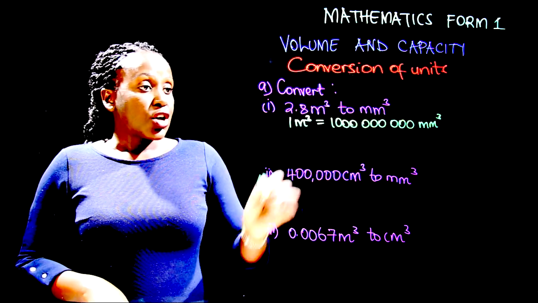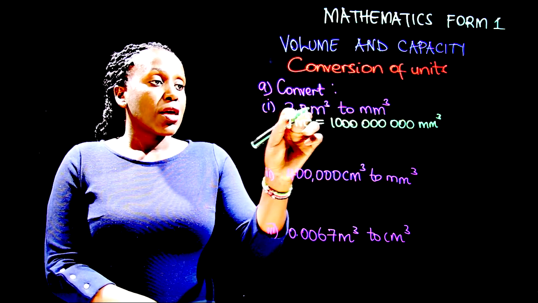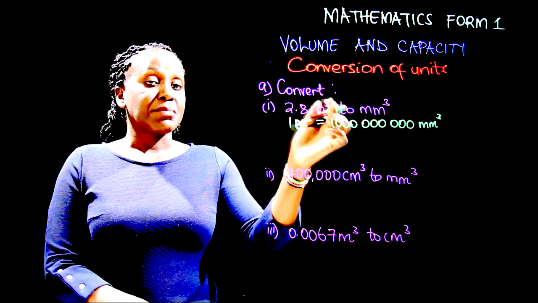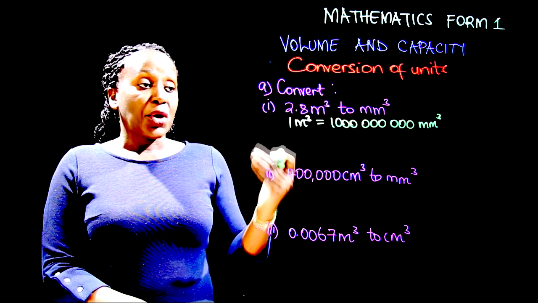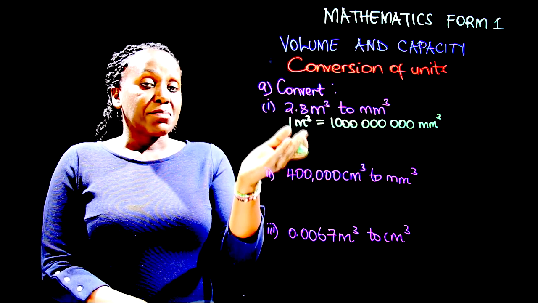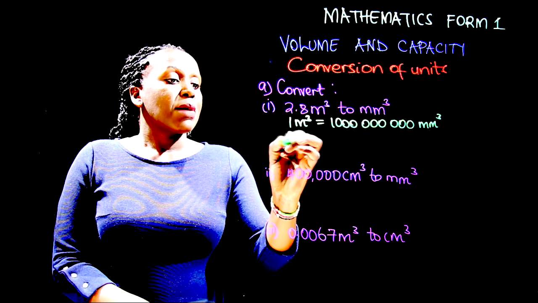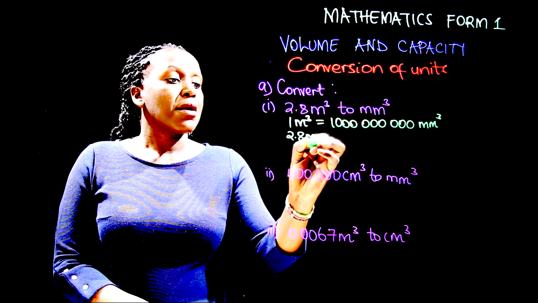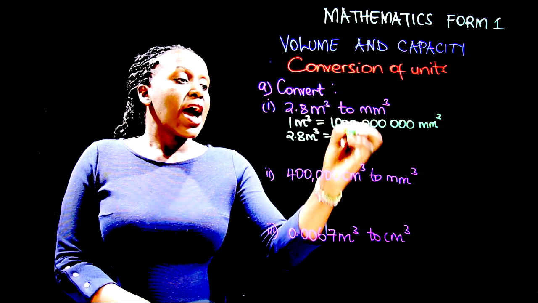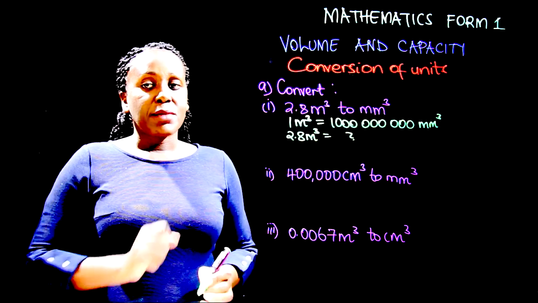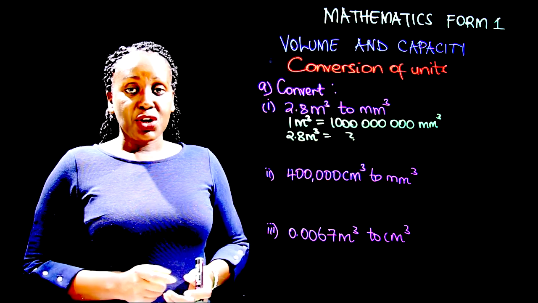Now in the question, we have been provided with 2.8 meters cubed. So you write 2.8 on the side with meters cubed. How many millimeters cubed will be equivalent to 2.8 meters cubed?